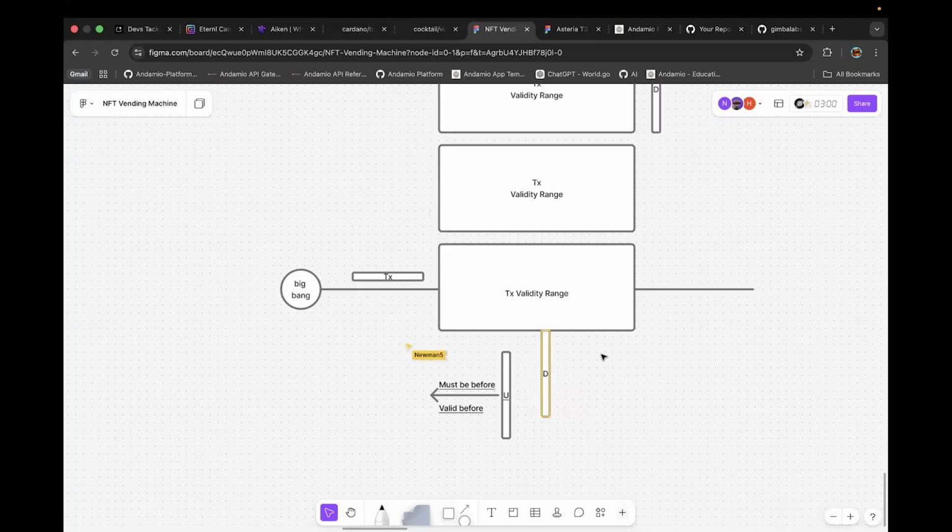Yes, so we have our deadline. The transaction builder builds the transaction and sets the time, or the validity range, of that transaction before the deadline. The logic is already in the smart contract, in the validator.